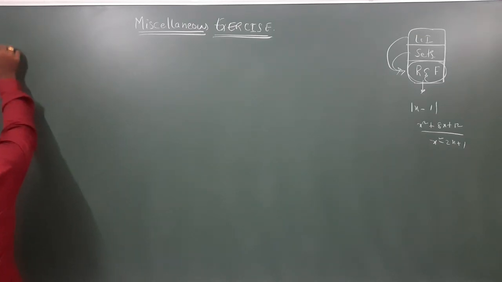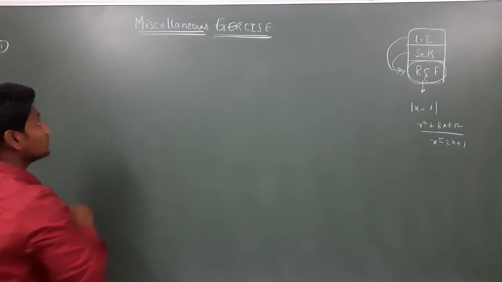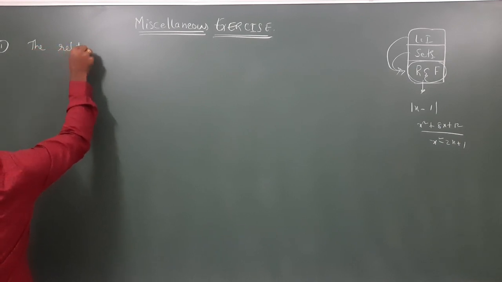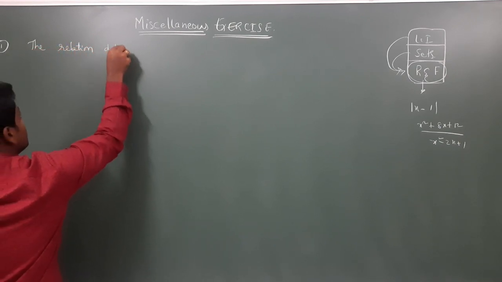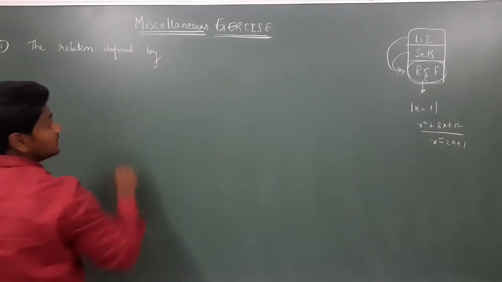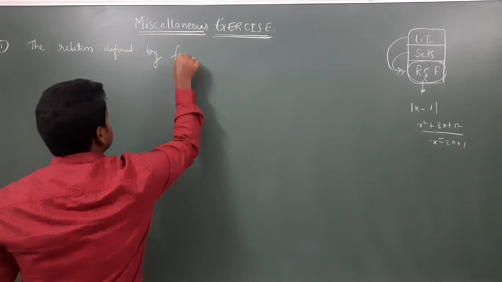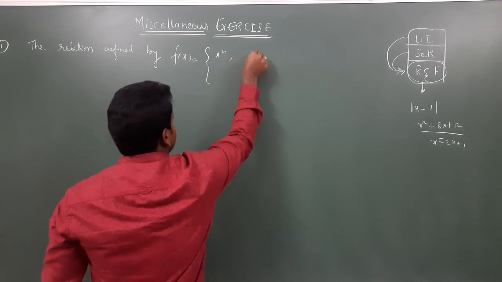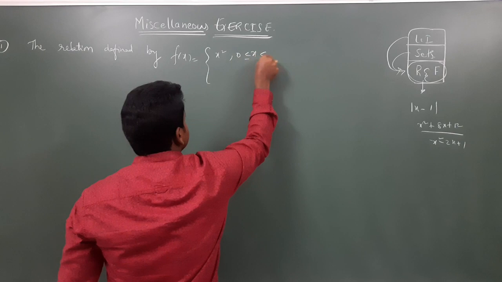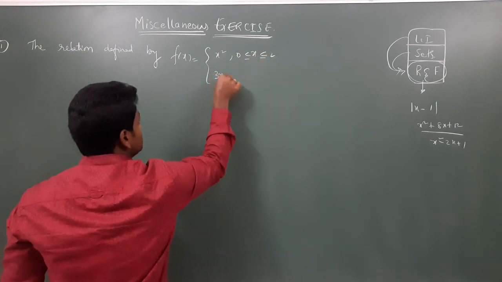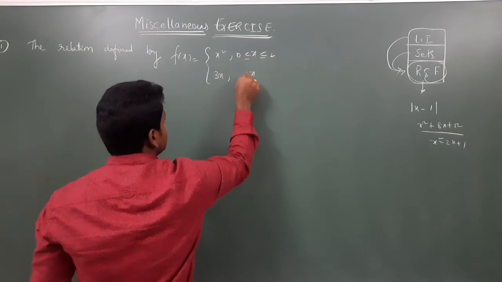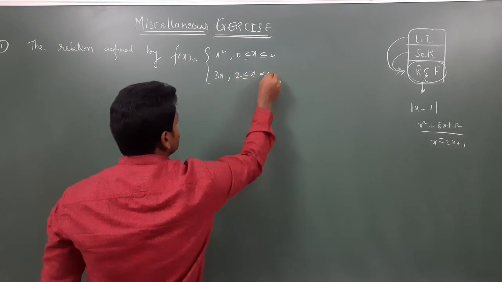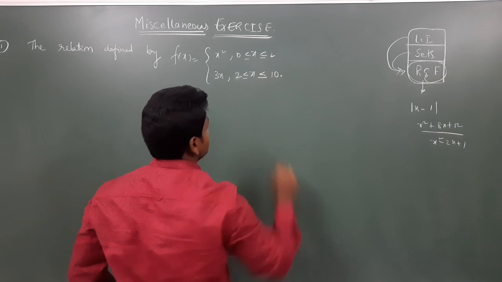Question number 1. The relation defined by f of x equal to x square, where x is greater than or equal to 0 and less than or equal to 2, and it is 3x when x is greater than or equal to 2 and less than or equal to 10.